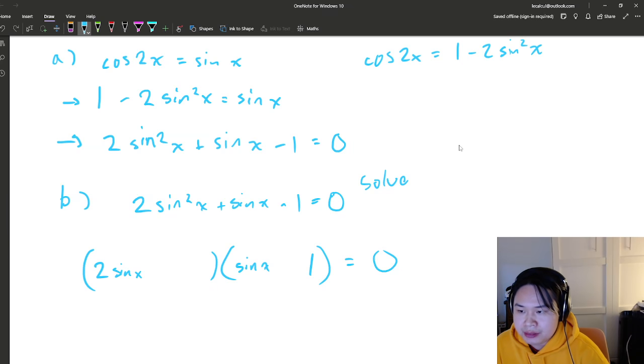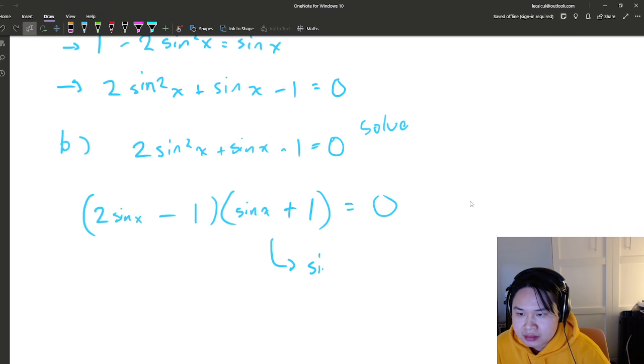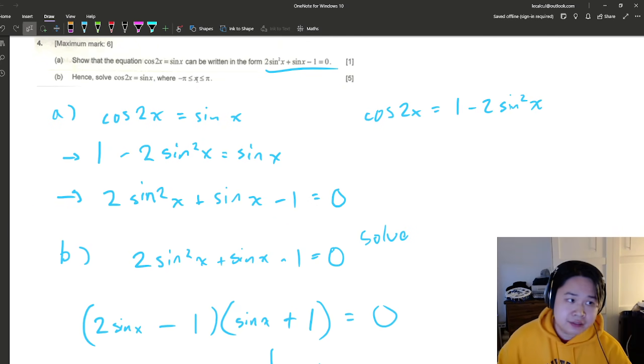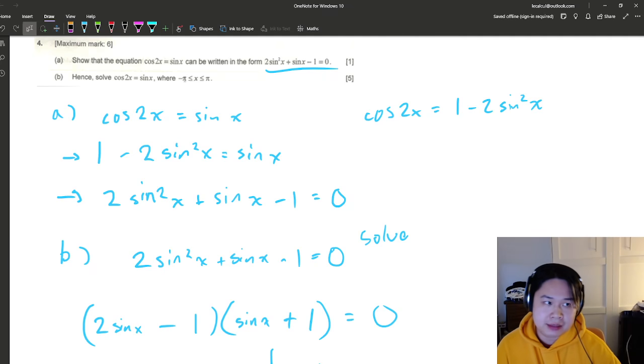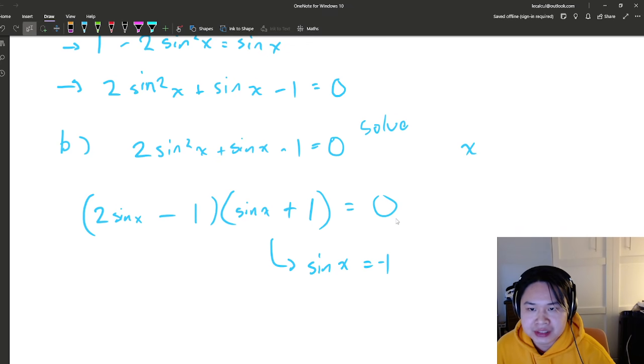Both of these need to be 1, this one needs to be +1, and this one needs to be -1. And then from here, we have 2 separate solutions for sine. So sine can be -1. One thing to note is this one is kind of particular with its domain. It wants from -pi to pi, so it's not your traditional 0 to 2 pi.